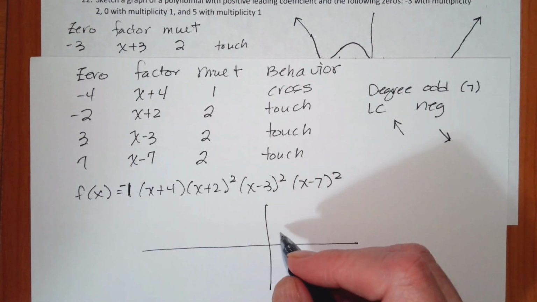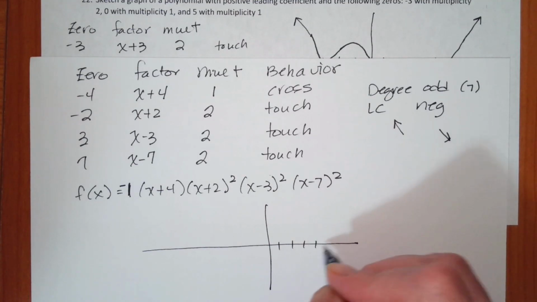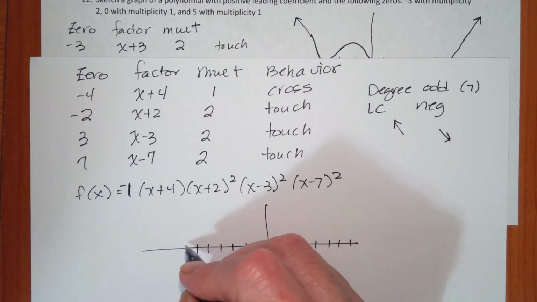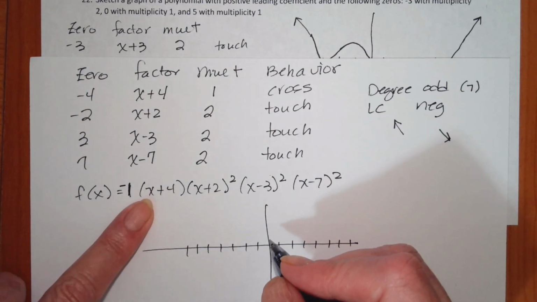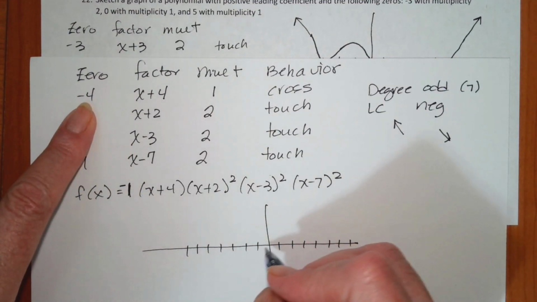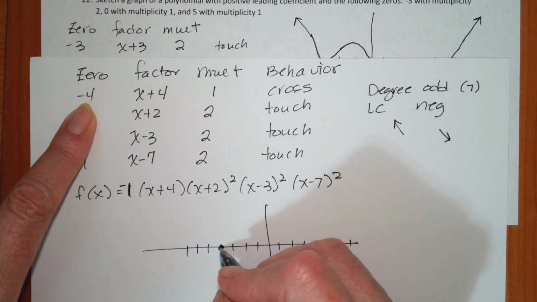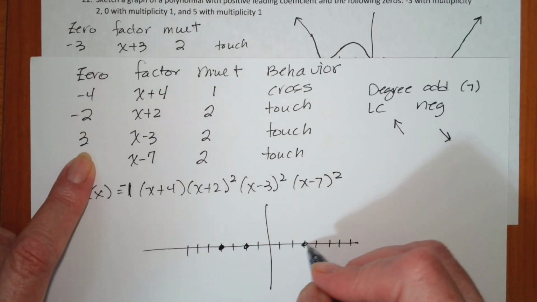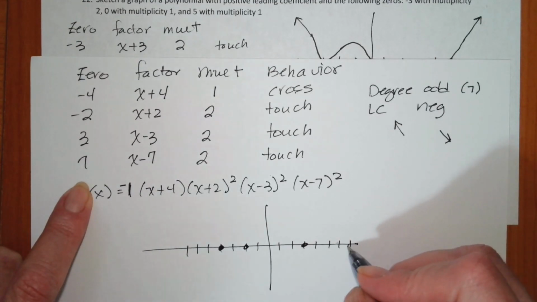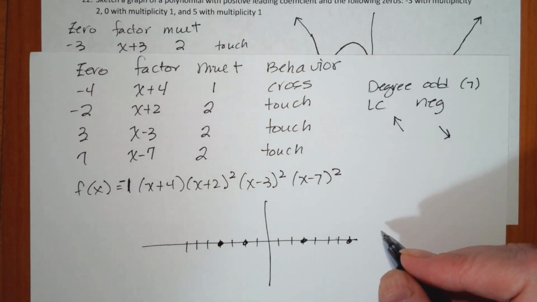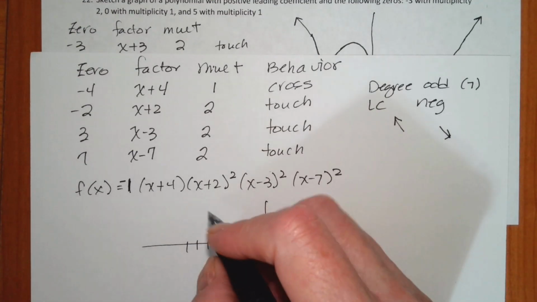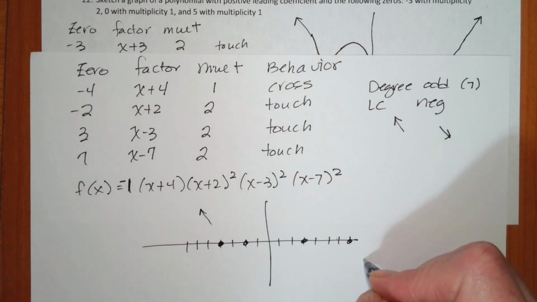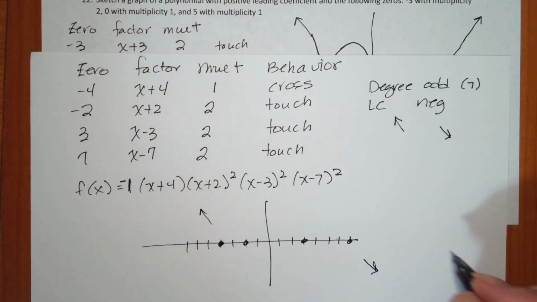All right, so let's see. 1, 2, 3, 4, 5, 6, 7. 1, 2, 3, 4, 5, 6, 7. Okay, so at -4, I have a solution. At -2, I have a solution. At 3, I have a solution. And at 7, I have a solution. I know that to the left of this, it just goes on forever and ever. And here it goes on forever and ever.